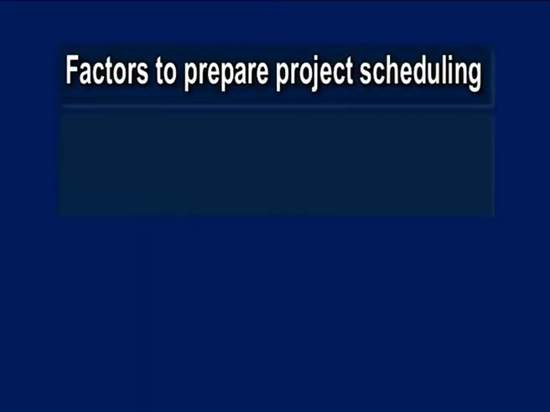The duration of individual activities may be uniquely determined, that is, in case of CPM, or may involve the 3 time estimates in case of PERT, out of which the expected duration of an activity is computed. Having known this, the following factors should be known in order to prepare the project scheduling.